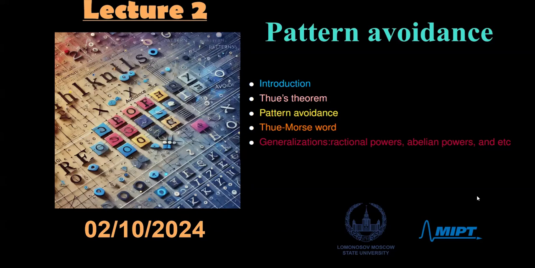Following that, we will explore the famous Thue-Morse word, which is a fascinating example of a sequence avoiding certain repetitions. Finally, we'll move on to generalizations, looking at rational powers, abelian powers, and other extensions that arise from these ideas.